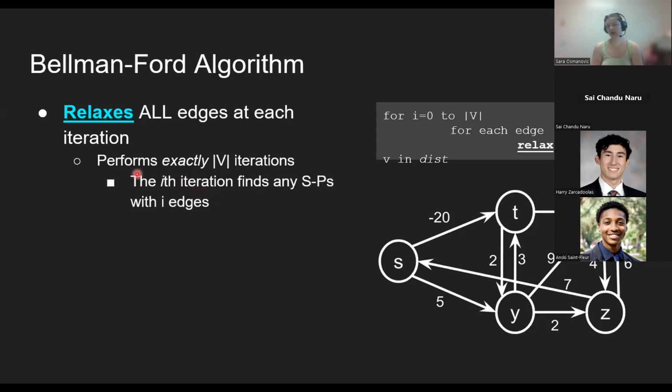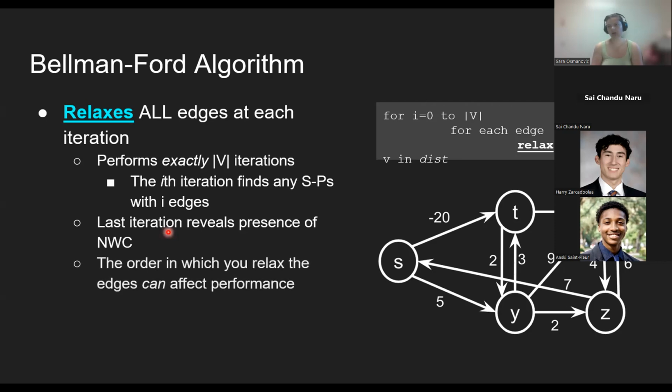And at each ith iteration, it finds the shortest path from source to destination with i edges. And then the last iteration reveals the presence of negative weight cycles.